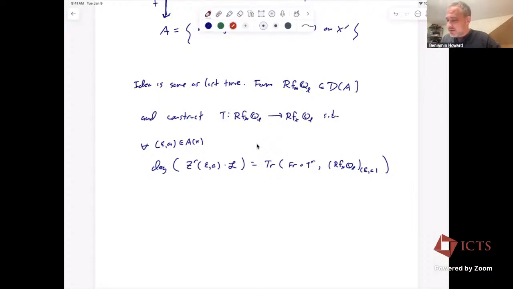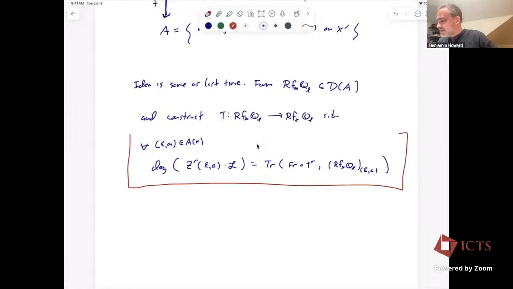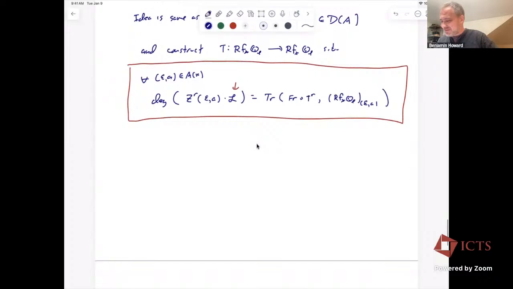So if you were at my last lecture, this should look very familiar. It's the same basic idea, except now we've got this extra intersection with L in here. Now, I have never told you what L is, so let me tell you what L is. Recall, L was an intersection of other things.